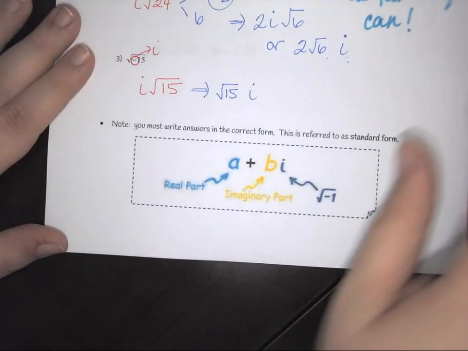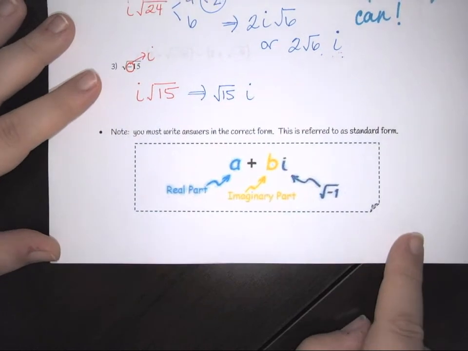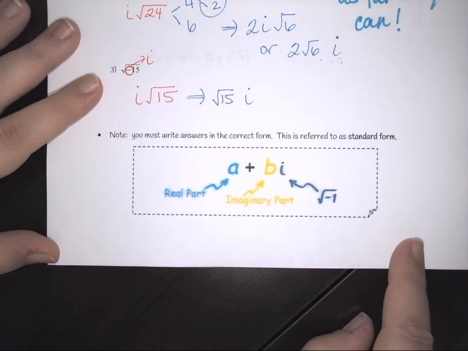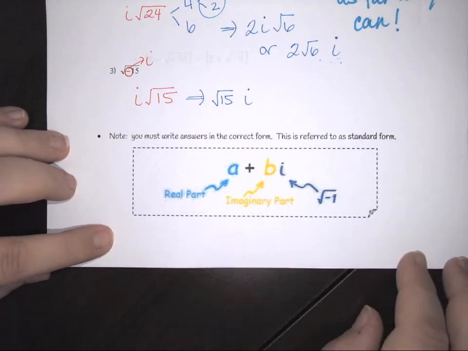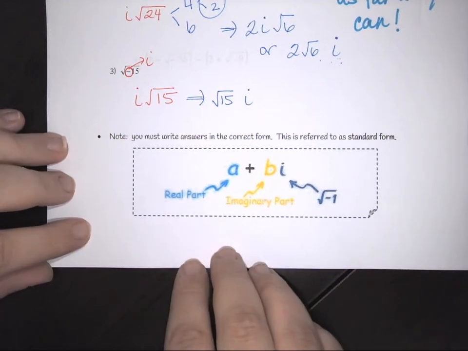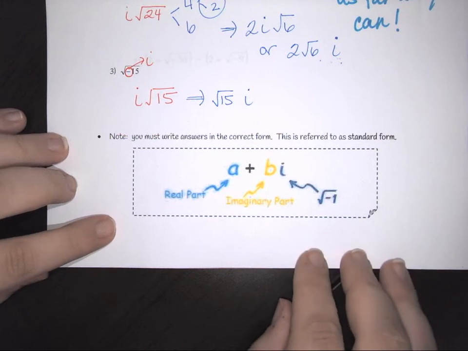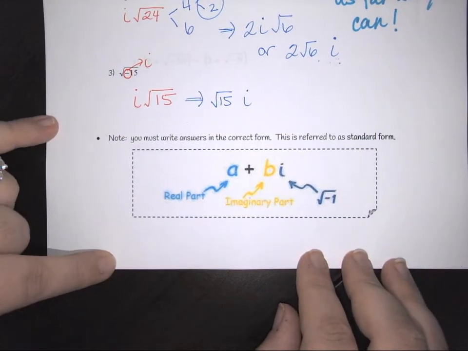Now the reason why I keep talking about putting the radical first and the i off the end is because we have what's called standard form of an imaginary number. Standard form of your complex terms says a plus bi, where a is the real part of your equation, b stands for the imaginary part.